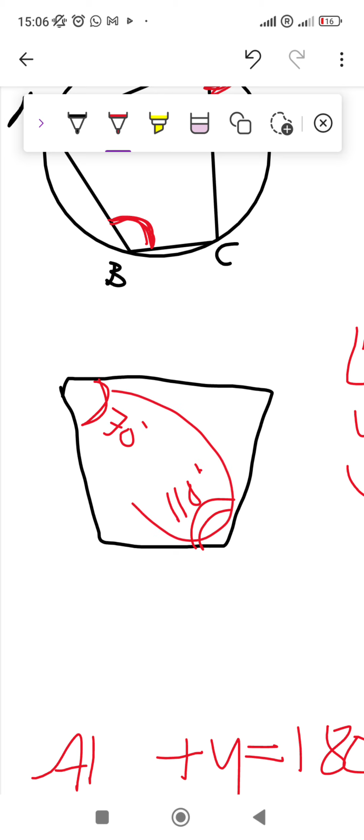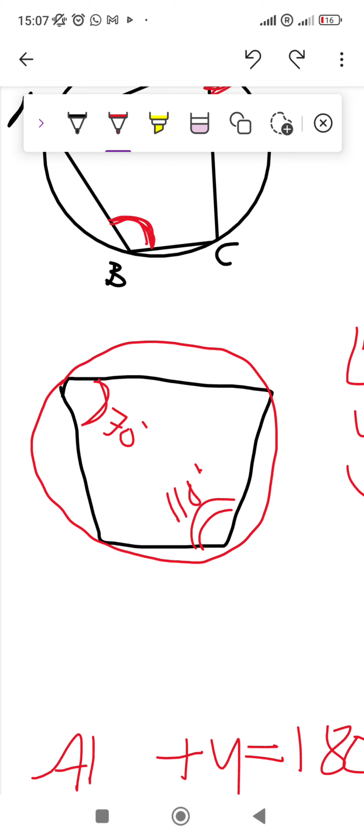So when you add those together, you get 180. So you've proved that they are supplementary. So if you can prove that they are supplementary, that tells us that there is a circle that exists over there. All right. So what I'm saying is, if you can prove opposite angles are supplementary, then you have proven that your quadrilateral ABCD is a cyclic quad.